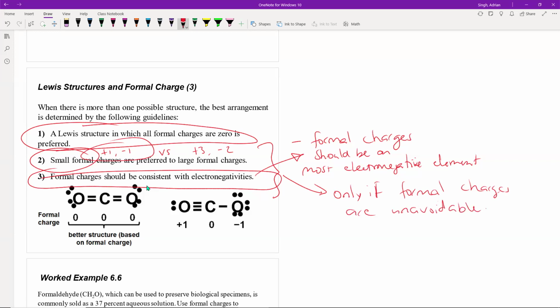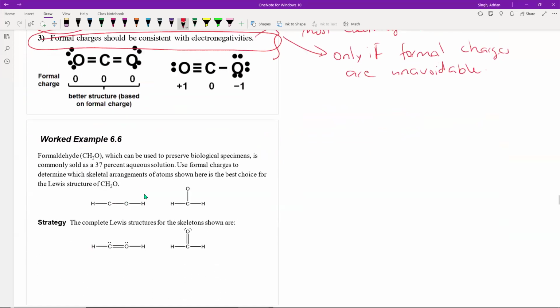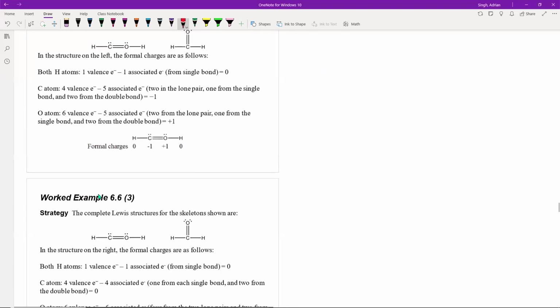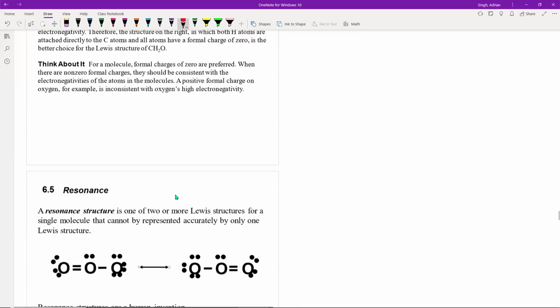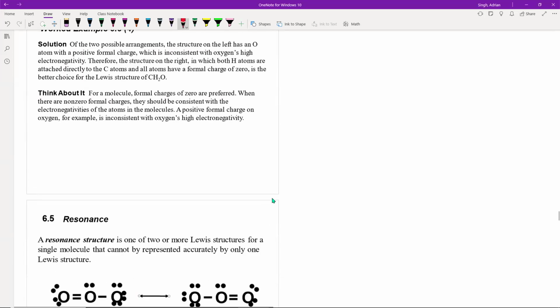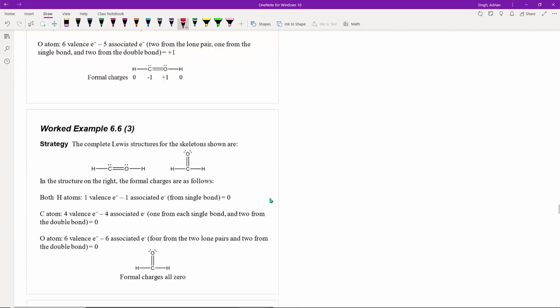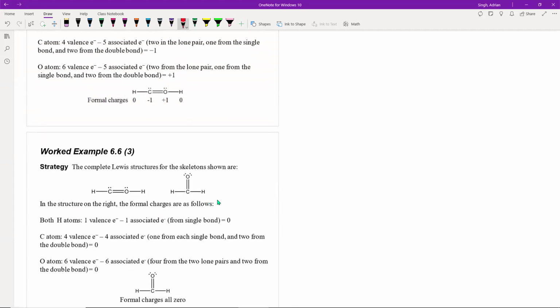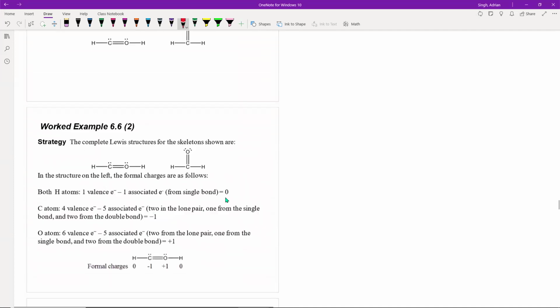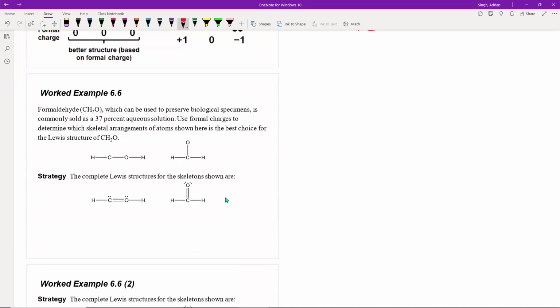Okay, so if we take a look at an example, let's do a different one. Here we have an example of a situation where we're given the formula for the molecule formaldehyde, CH2O, which you probably have heard about being used to preserve biological specimens.